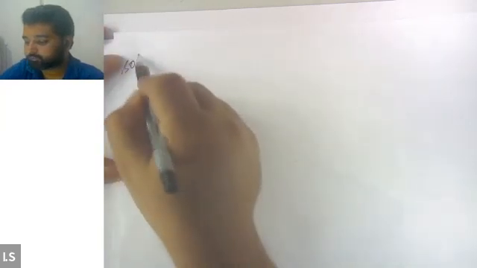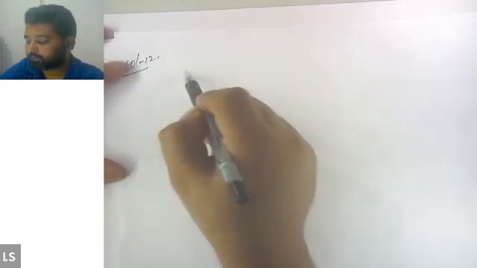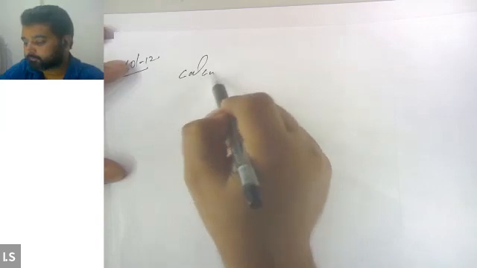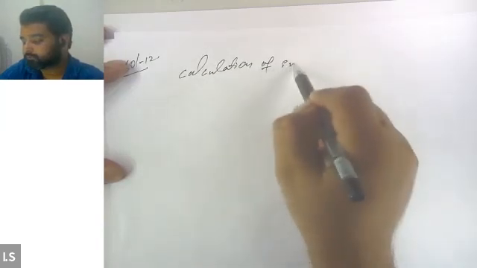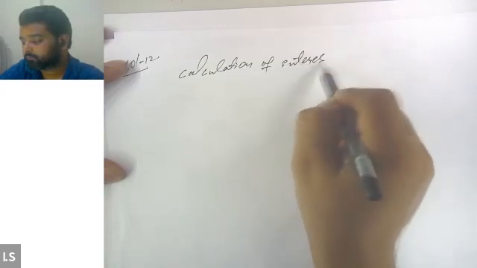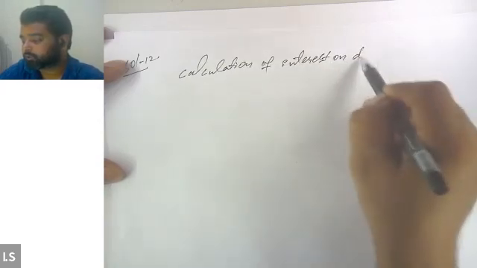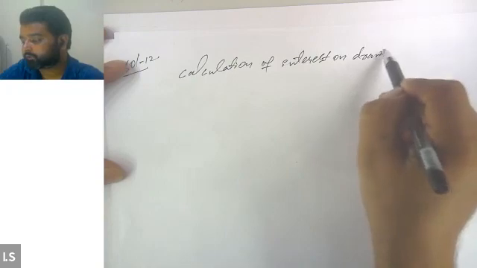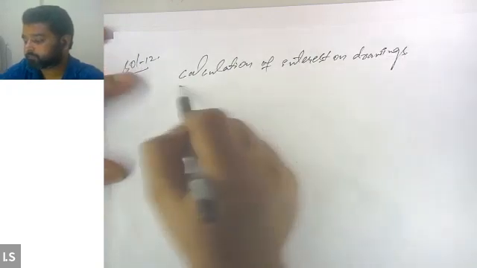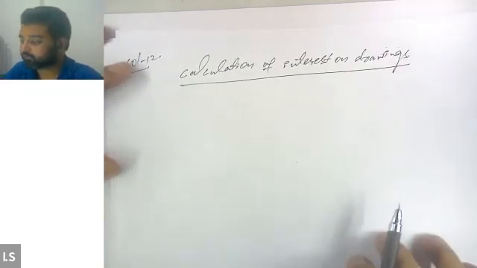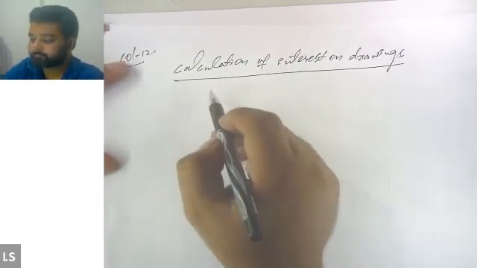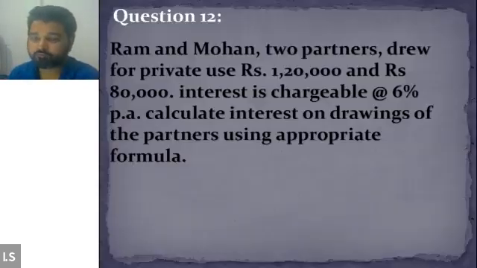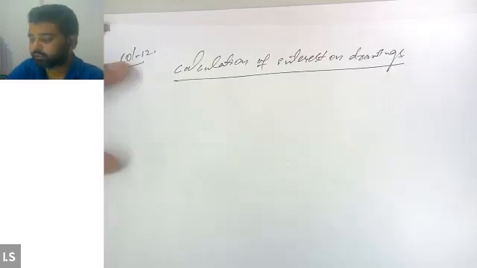Solution to question number 12. Calculation of interest on drawings. So amount of drawing made by Ram and Mohan are 1,20,000 and 80,000, right?